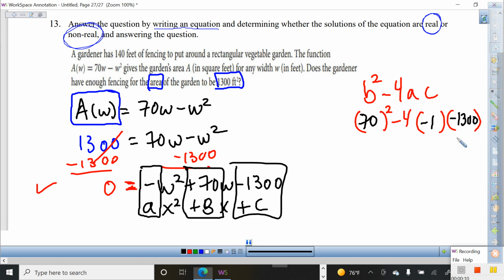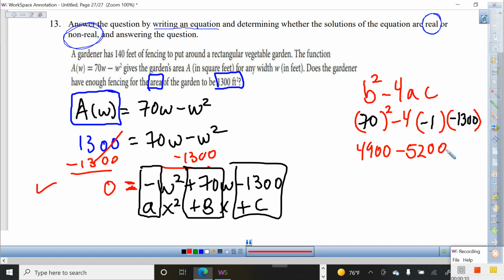Yes, Mr. Q. All right, good. So, 70 squared, that's 7 times 7 is 49 with 2 zeros. Okay. Negative times a negative is a positive 4. 4 times negative 13 is negative 52 with 2 zeros. Okay.